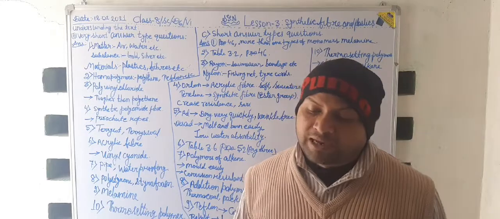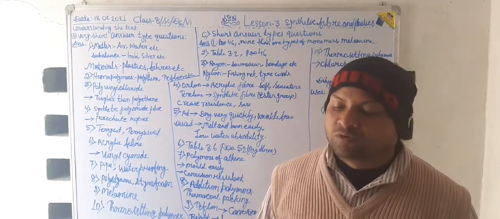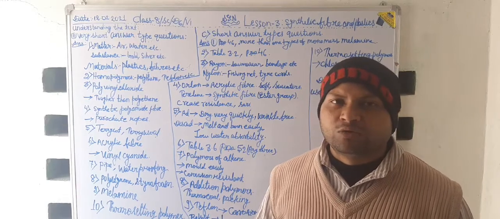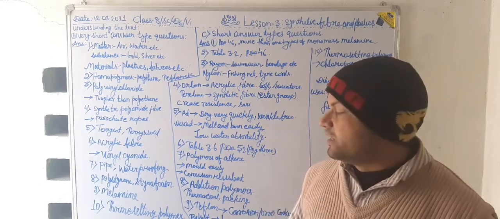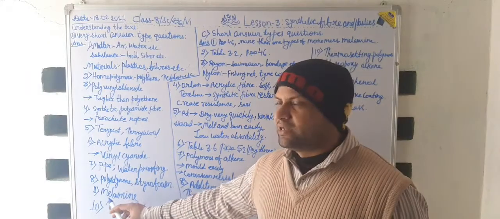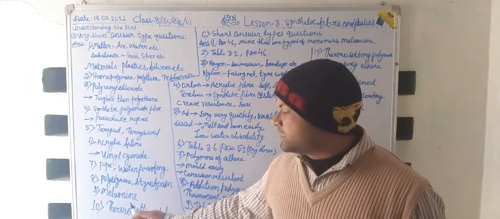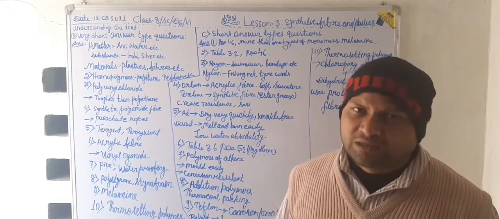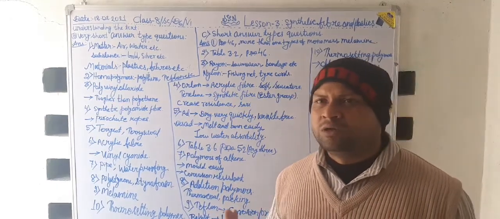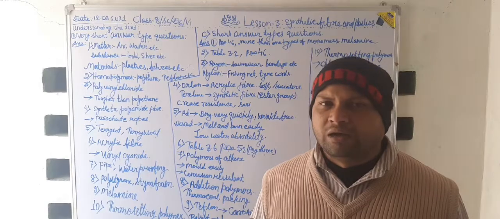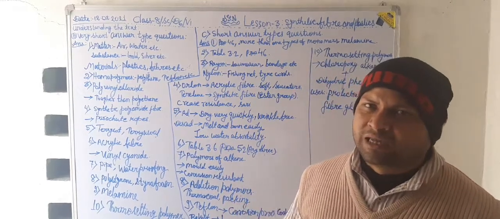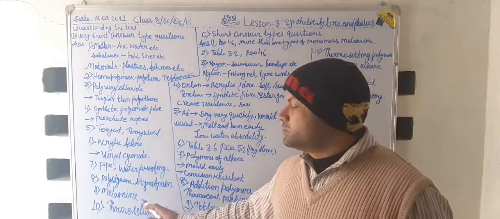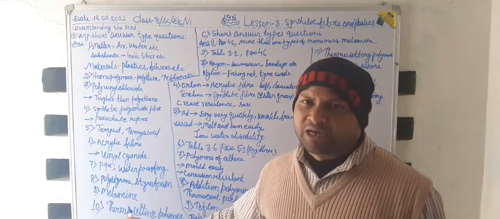And question number 9. Name the synthetic polymer from which handles of pressure cookers and unbreakable crockery are made. The right answer for this question is melamine, because melamine has cross links and it is very hard on heating, and once it becomes hard, it cannot be softened again.